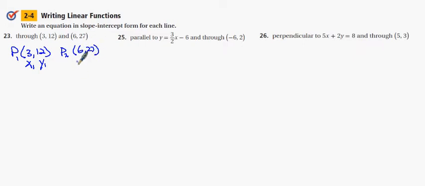and I consider 6 to be x2, the x coordinate of the second point, and 27 to be y2, the y coordinate of the second point. So our first step in this process is to calculate the slope. Slope, which is given the letter variable m, as in mama, consists of the formula y2 minus y1 over x2 minus x1.